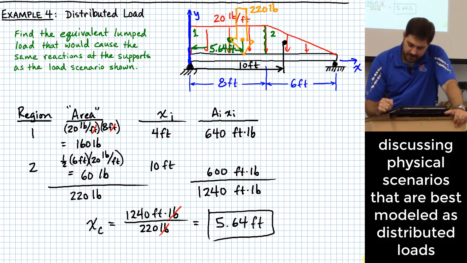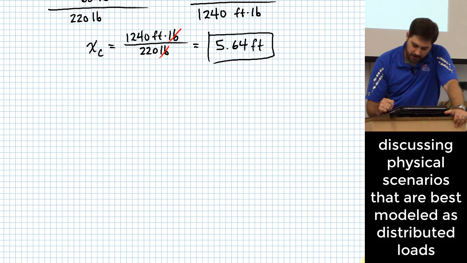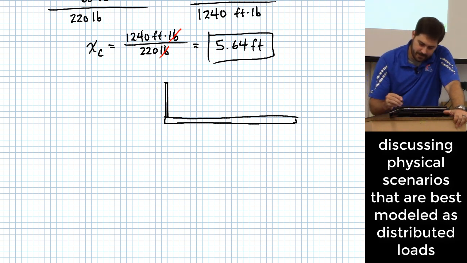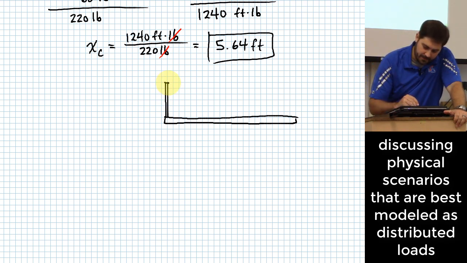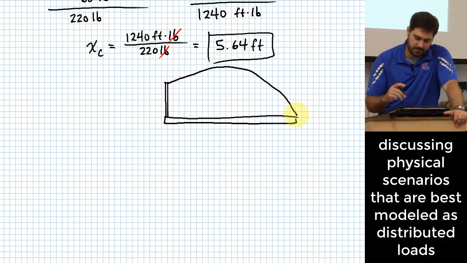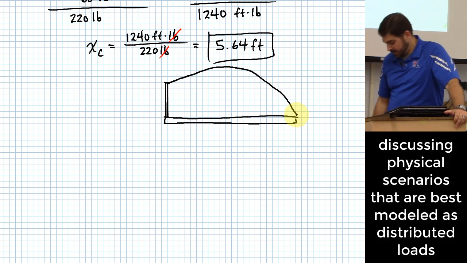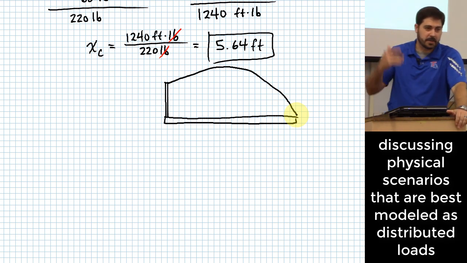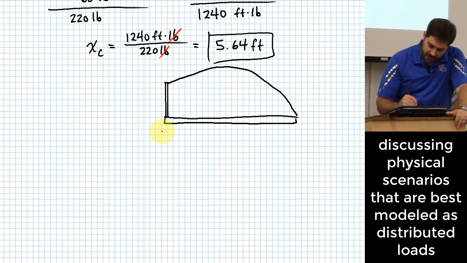So what if I gave you an interesting question where you have a beam and I have a retaining wall on this end, and I pile up some grain, and the grain settles into more or less a parabolic shape. But one end is chopped off, because it's got this little retaining wall holding it up. And let's say I've got some supports here and here.